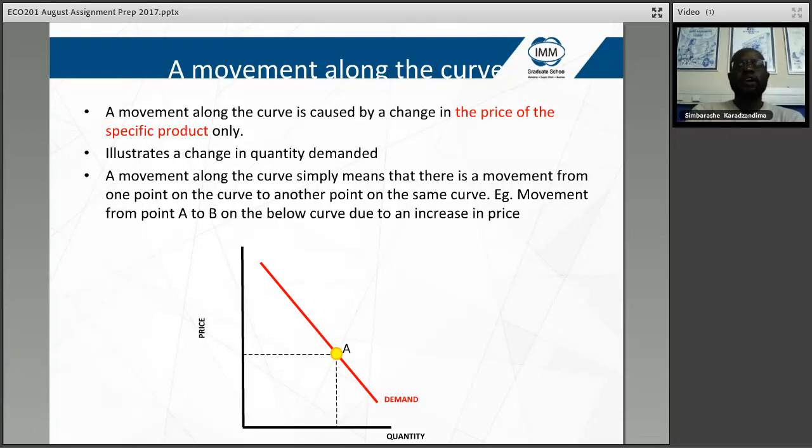So a movement along the curve simply means that there's a movement from one point to the other on the same curve. If it's an upward movement, it means that the price has increased. If it is a downward movement, the price has gone down. So a movement along the curve is associated with a change in the price of the specific product, which illustrates a change in quantity demanded.